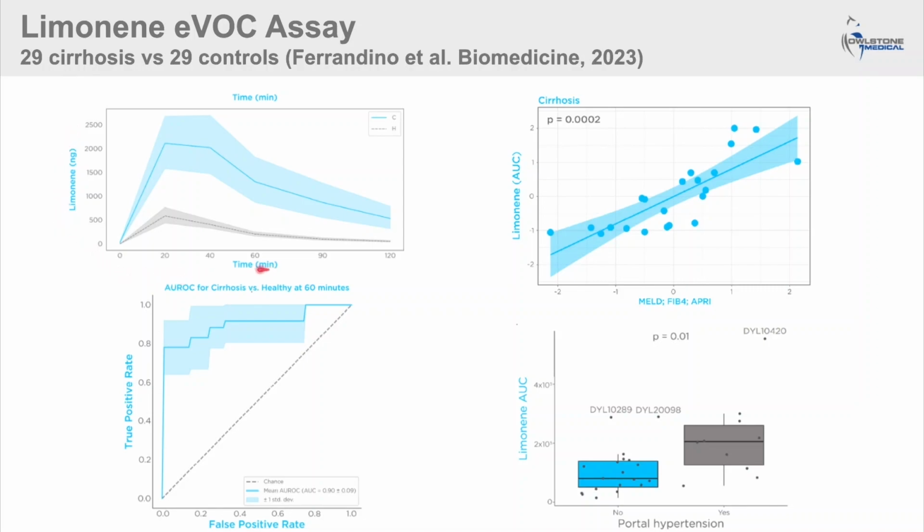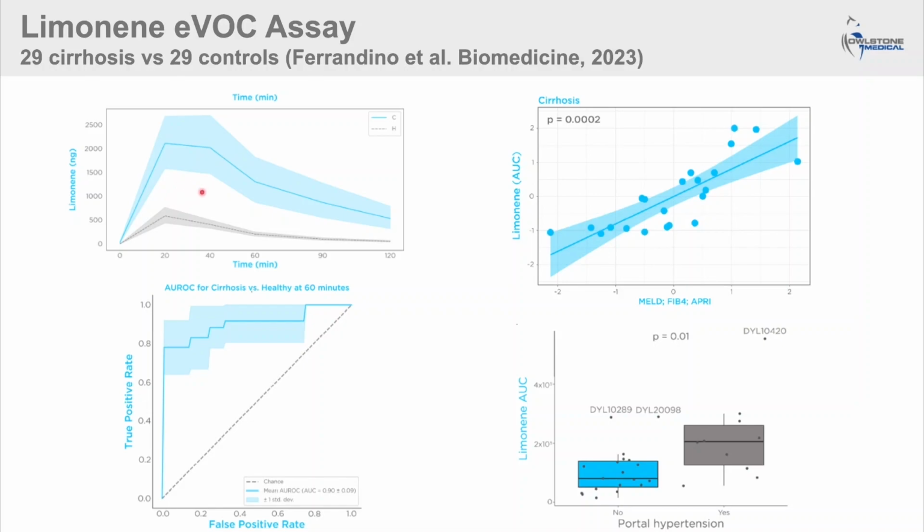This is just a snapshot of the results. Here is the amount of limonene in breath, and these are the time points collected. Zero is before limonene administration, and we can see very low levels after an overnight fast. We see a spike in healthy subjects, represented as the mean, with the shaded area as the 95% confidence interval.